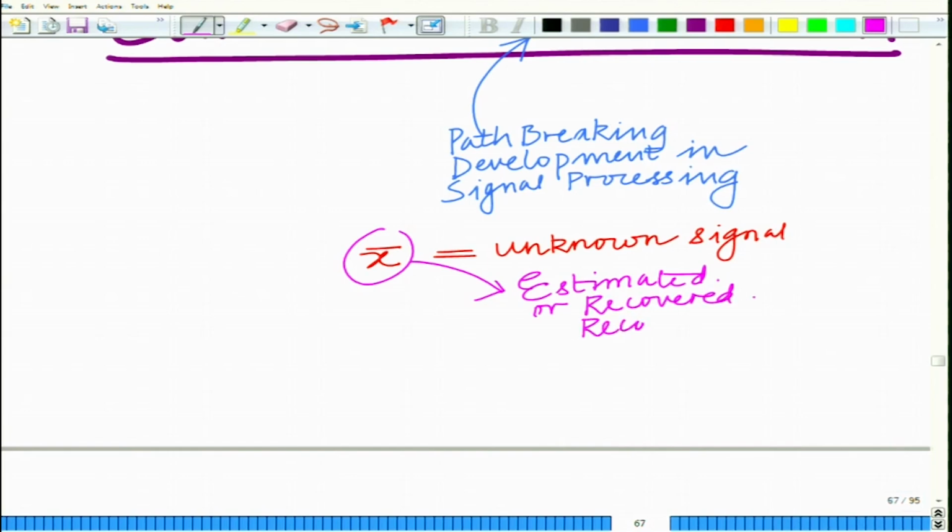There are several words for the same. If it is an image, then we say the unknown original image has to be reconstructed.